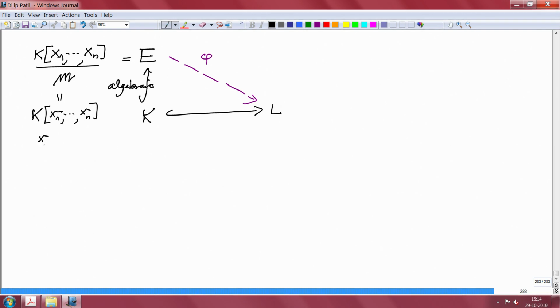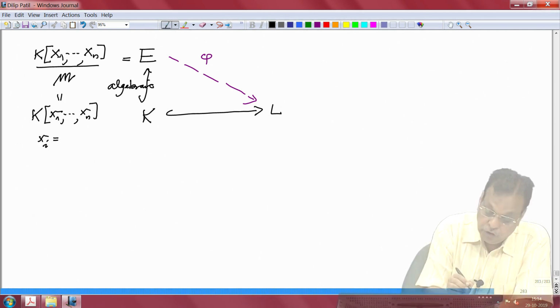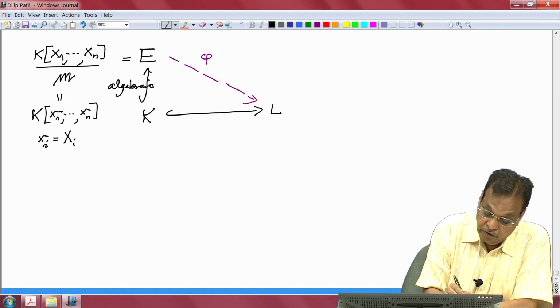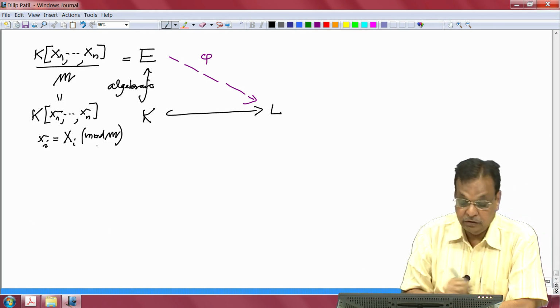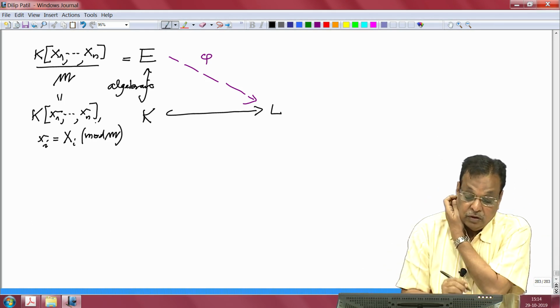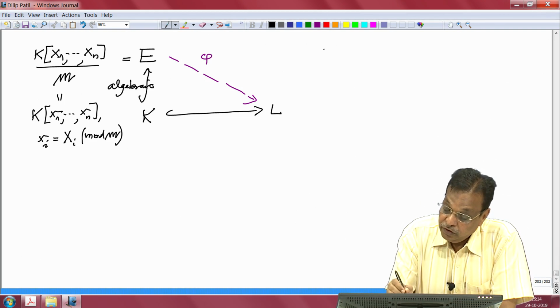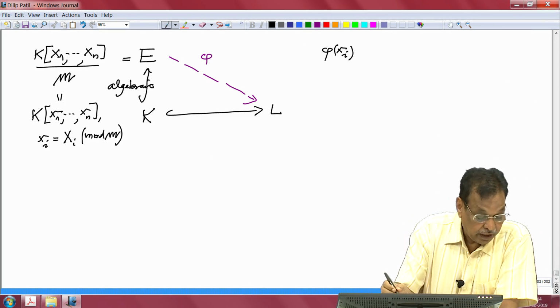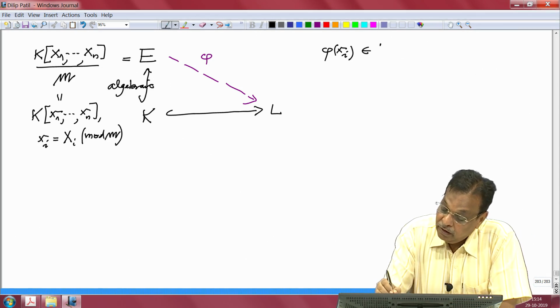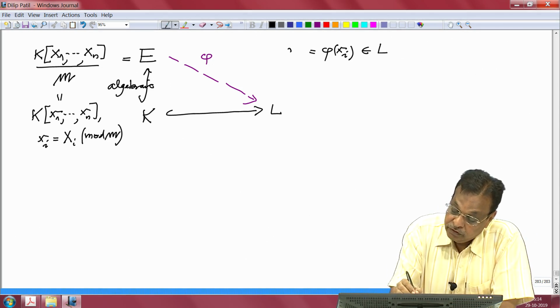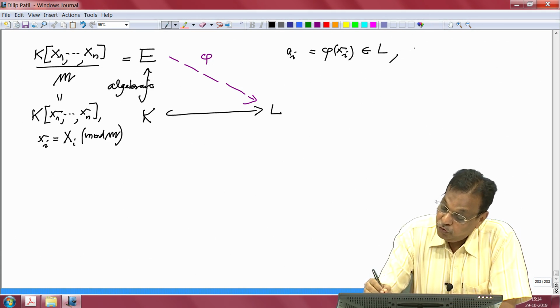The small xi's are precisely the images of capital Xi mod M, the residue classes. So this phi of Xi makes small xi, and those are elements in L. So I will call them ai's, and then I have a equal to a1 to an.